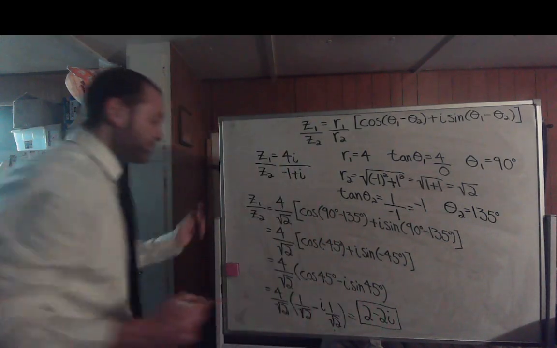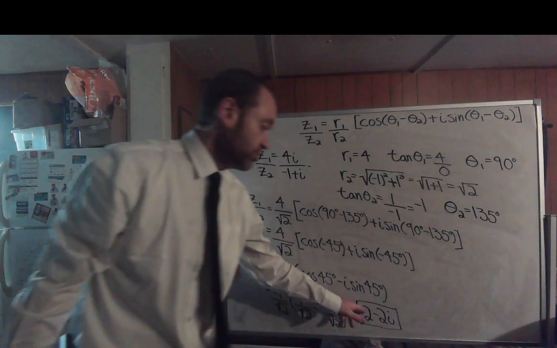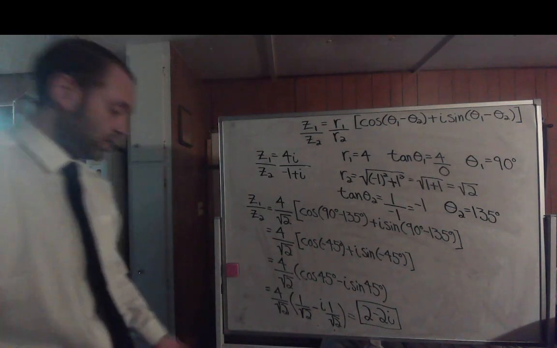So in its final form, you should just end up getting 2 minus 2i.